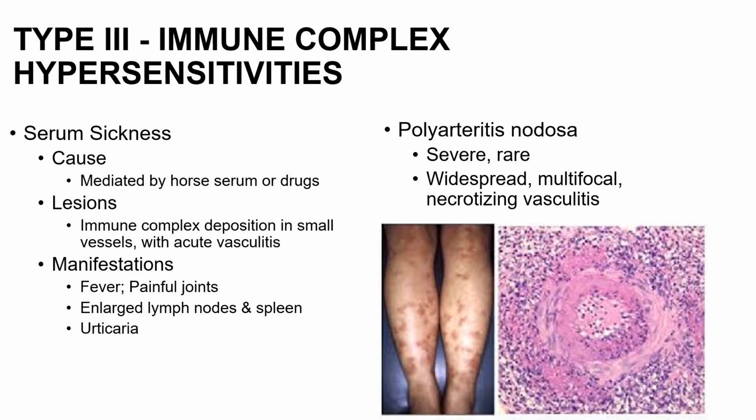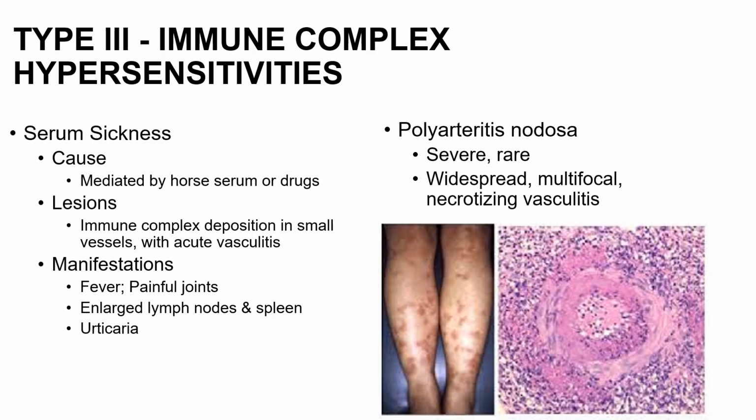And then we have something called polyarteritis nodosa. Polyarteritis nodosa is another type 3 hypersensitivity disorder, but it's more severe and much rarer. This disease involves widespread, multifocal, necrotizing vasculitis, typically affecting medium-sized arteries.